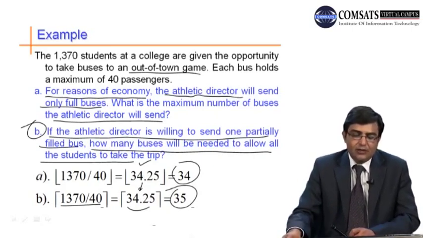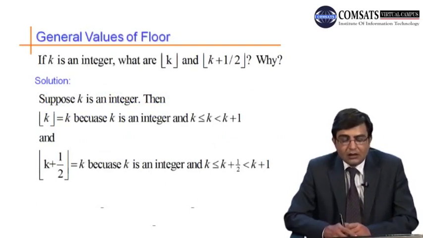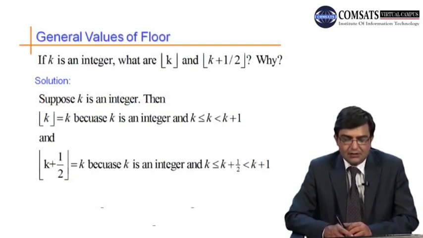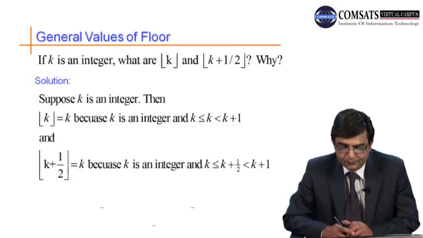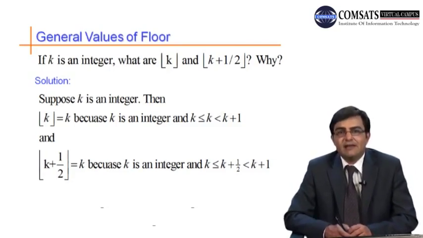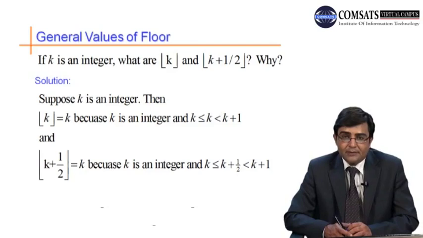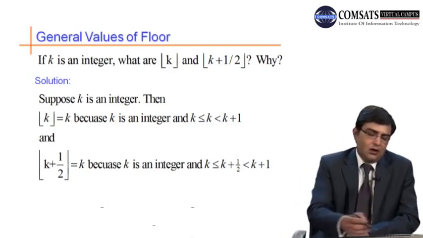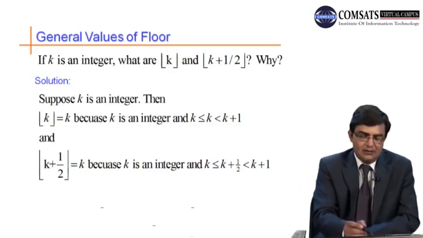Next we study some properties of the integer. If k is an integer, then the floor of k and the floor of k plus 1/2 both give us the same value. Why? Let us see the solution in detail.